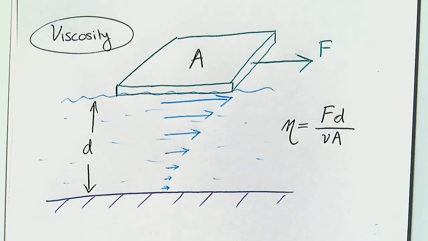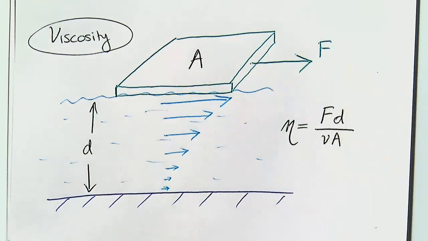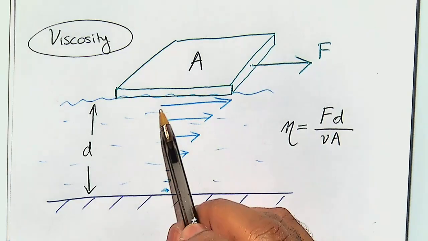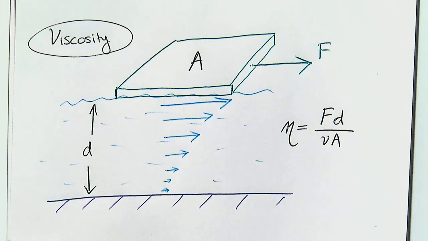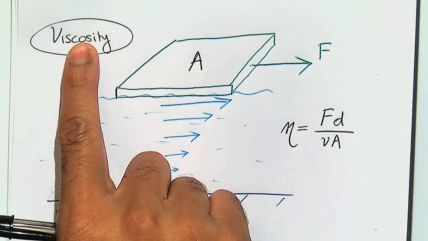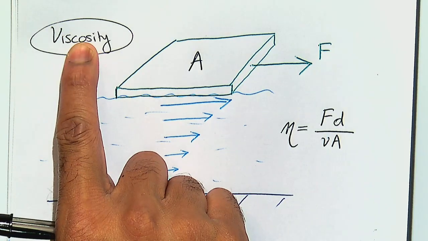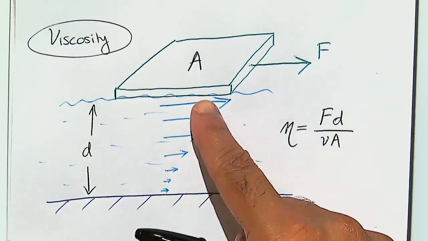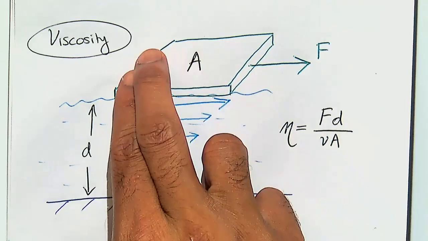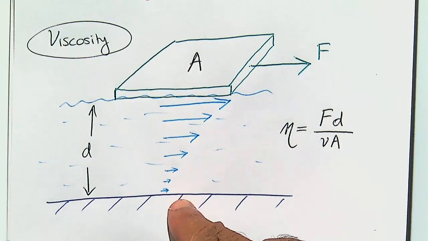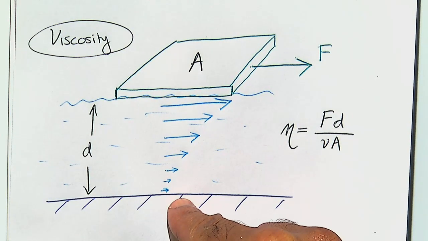So just so you're aware of what viscosity is, it's kind of stickiness, right? And the only reason why this is happening is because the water is sticking to the board, right? If you turn viscosity off, if this didn't have any viscosity at all, and you drag the board like this, the water will not care.